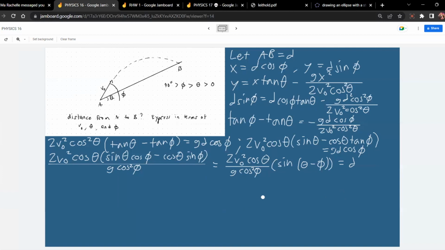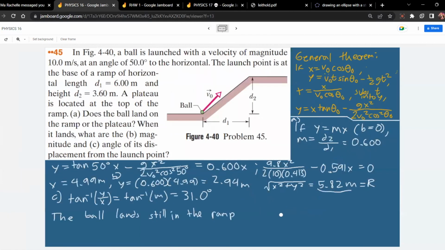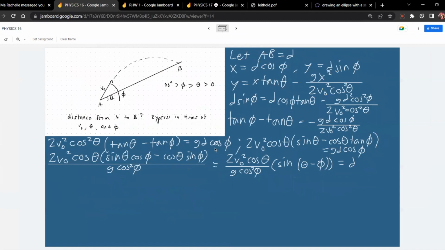Cosine theta, G cosine squared phi, sine theta minus phi equals D. And then pag chinek, if pag pinlog in mo yung values dun sa number 45, yung D sub 2 over D sub 1 is equal to tangent theta.